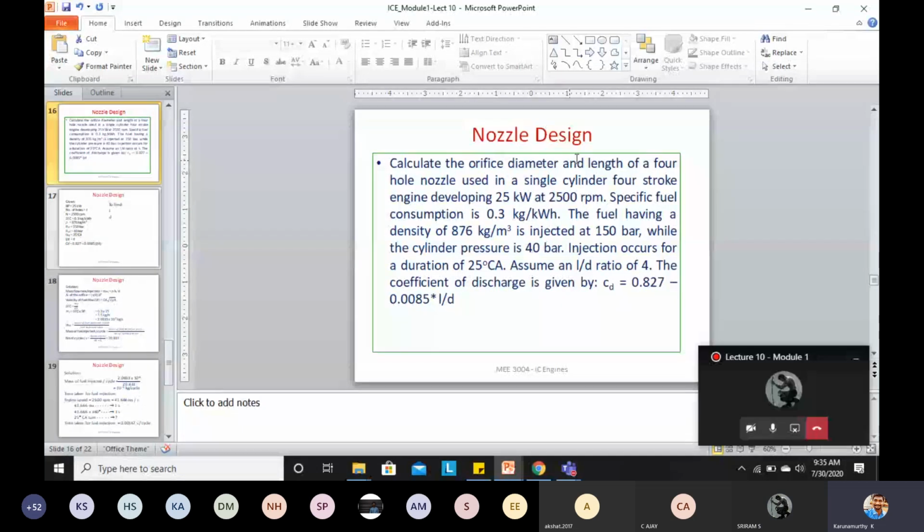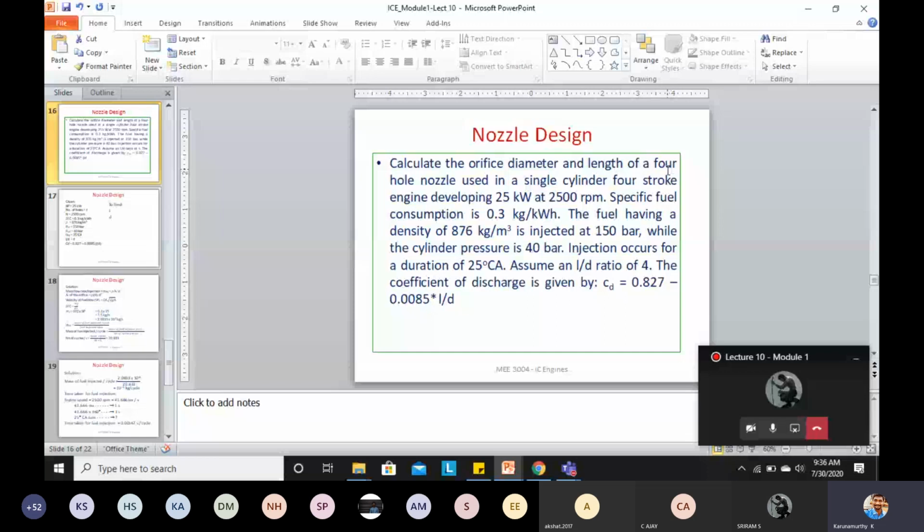So here they are asking to calculate the orifice diameter and length. We were discussing L by D, the length and D, the diameter of the orifice; both we are going to calculate for a 4-hole nozzle.